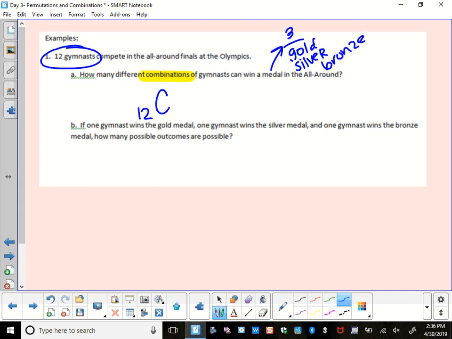Okay, so I have 12 and I want to choose 3 medal winners. How many different combinations of winners can we have? Type in your calculator. Let's practice this. You can have 220 different possibilities.